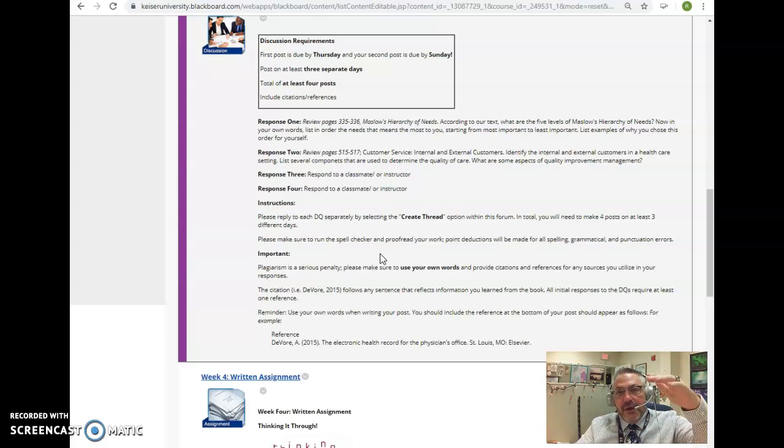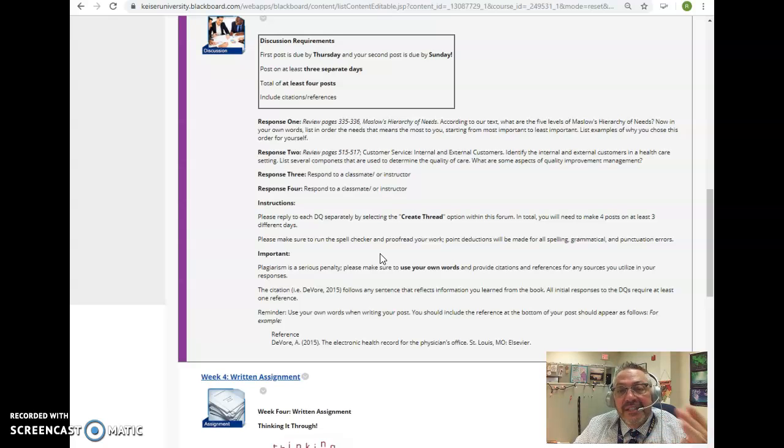So how does Maslow have it laid out? And what does he say you have to meet first before you move to level 2, and then what do you have to meet before you move to level 3?